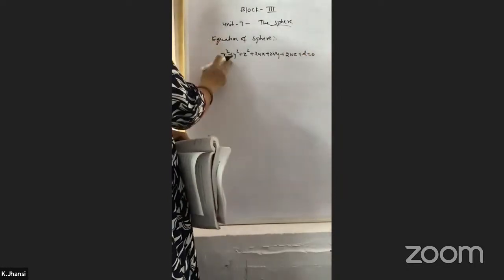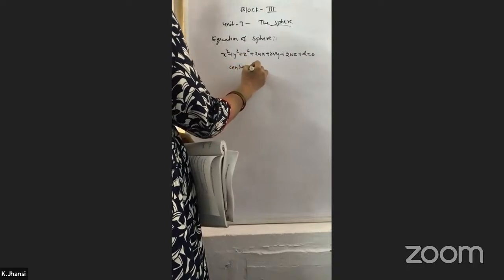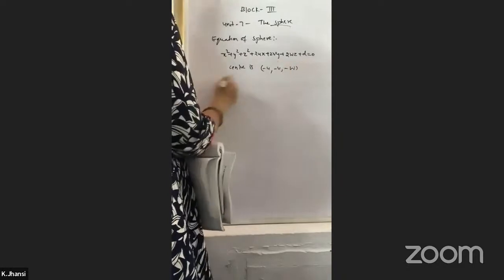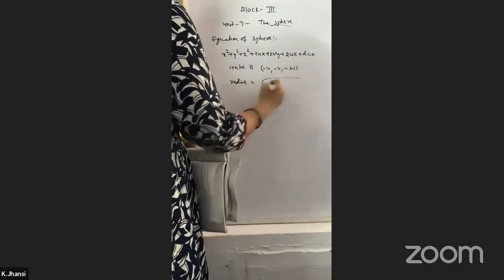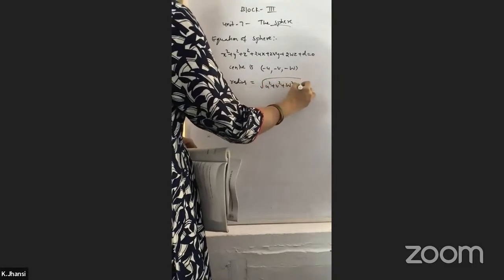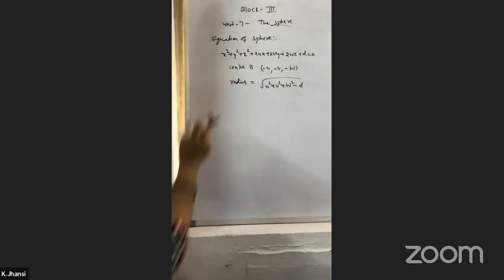Okay, this is the equation of the sphere, and the center is (minus u, minus v, minus w), and the radius is the square root of u square plus v square plus w square minus d. So you should know the equation of the sphere, center and radius.